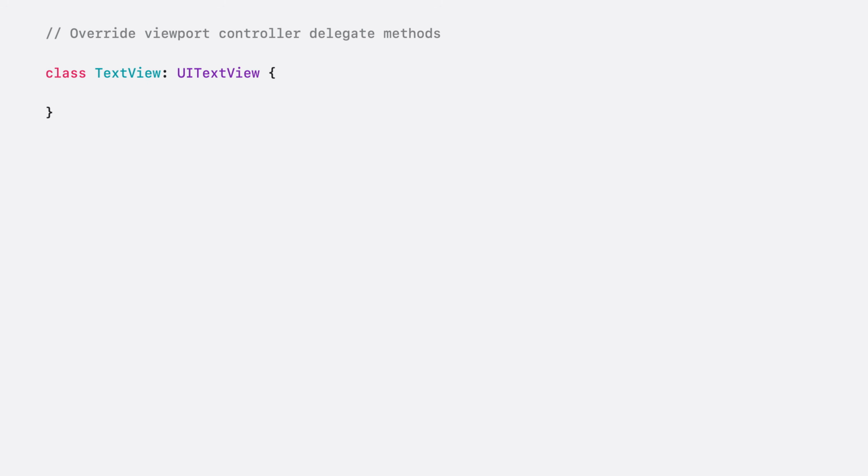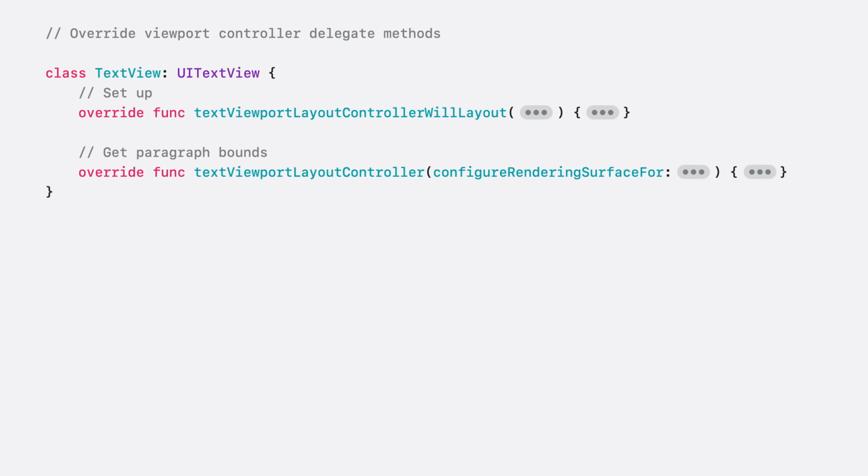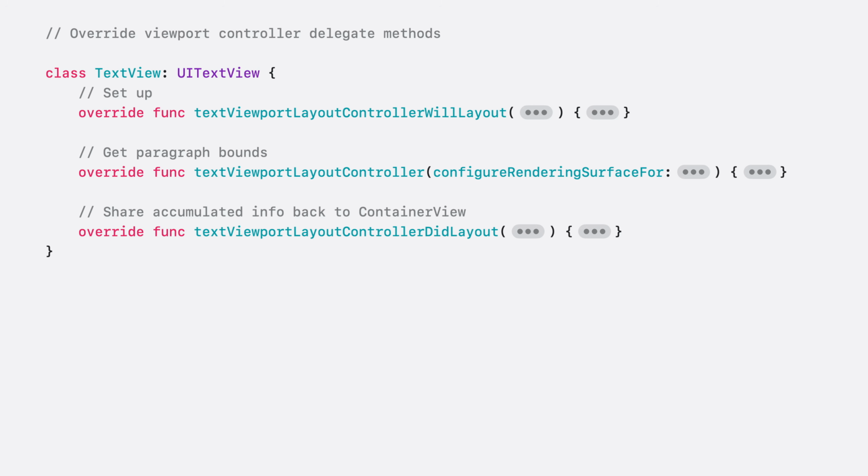In my TextView subclass, I'll override the delegate methods. First, I'll override the willLayout method to do some setup work. I'll show the details in a bit. I'll override the configureRenderingSurface method to capture the bounds of the paragraphs to be rendered. Finally, I'll override the didLayout method to share the accumulated info back to the container view so it can render the line numbers.